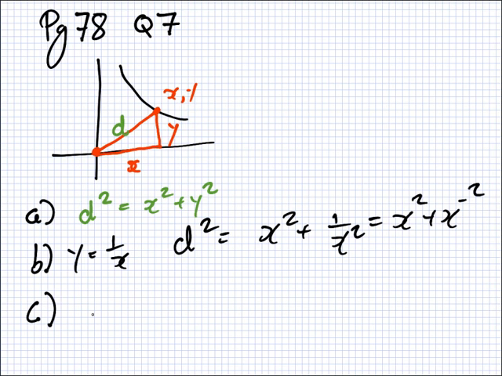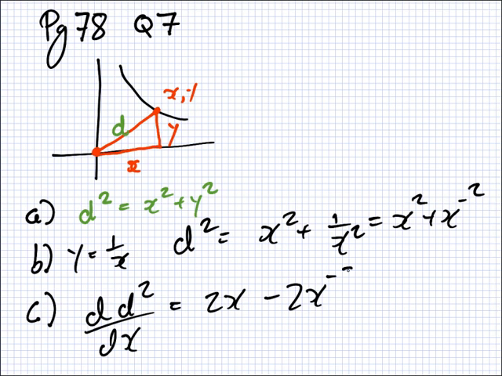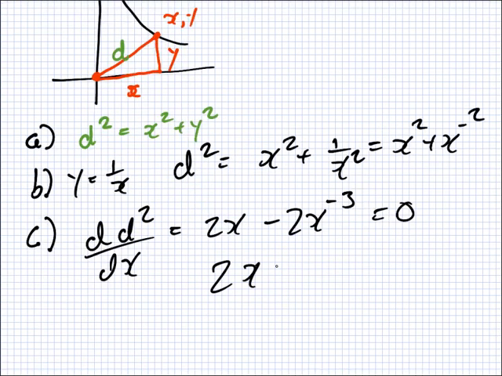So the derivative of the distance squared will be 2x minus 2x to the power minus 3 equals 0. So that means 2x equals 2x to the power minus 3. Cancel, so x equals 1 over x cubed.